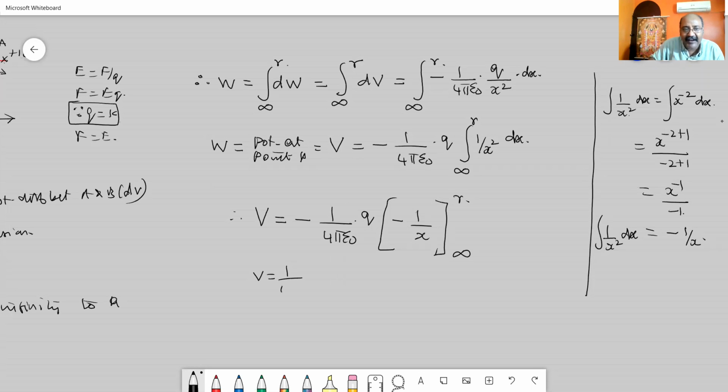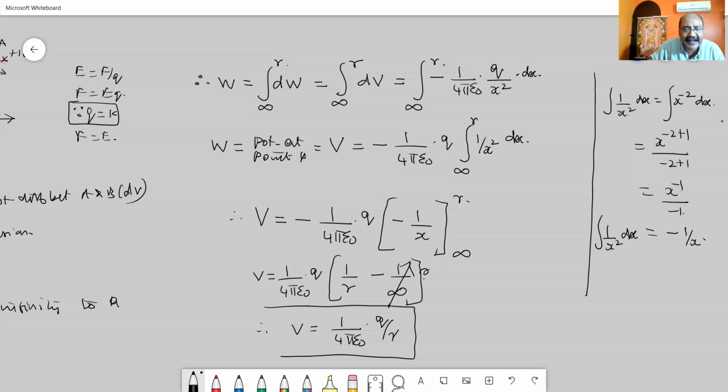So potential V is equal to 1 by 4 pi epsilon 0 into Q. Apply the upper limit, you get 1 by R. Minus, apply the lower limit, 1 by infinity, which tends to 0. Therefore, the potential at a point V equals 1 by 4 pi epsilon 0 Q divided by R. This is the expression for the electrical potential at a point due to a point charge.